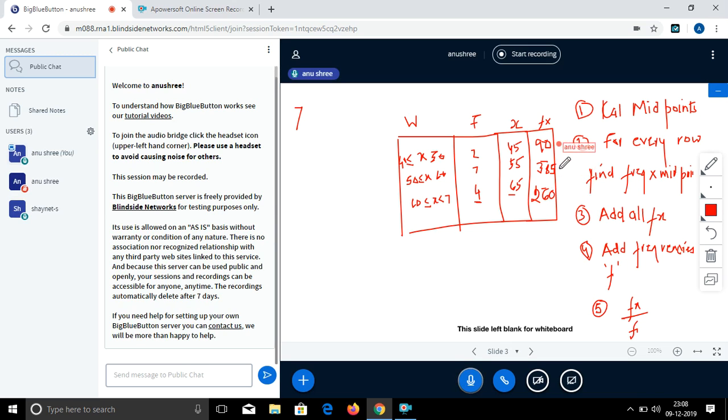Now add them. What's the total? 260 add 385. Is it 645? How much? 645.